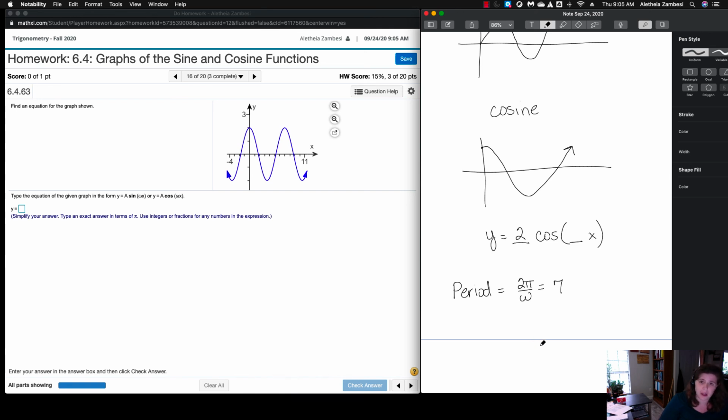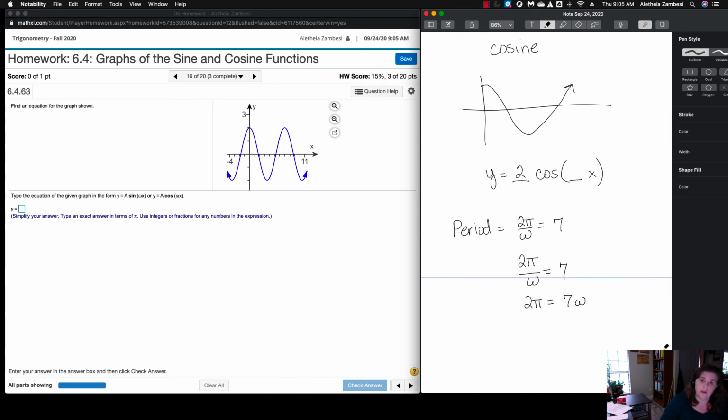Now I need to solve for omega, so 2 pi divided by omega is equal to 7. Multiplying by omega, 2 pi is equal to 7 omega, and then dividing through by 7 to get omega by itself, 2 pi over 7 is equal to omega.